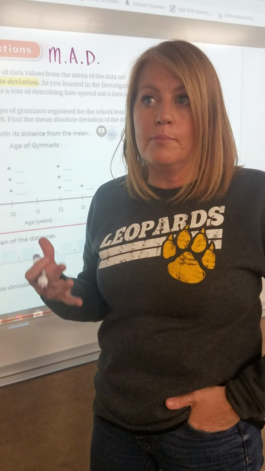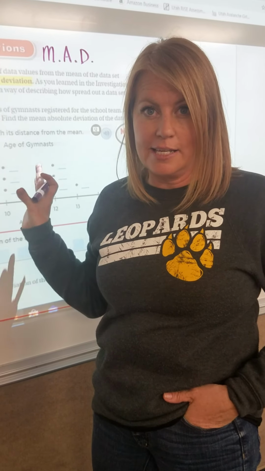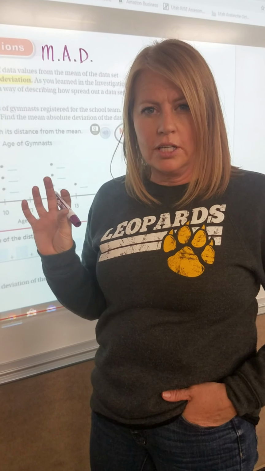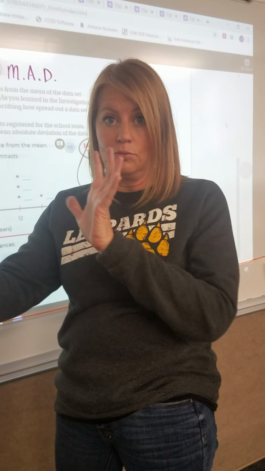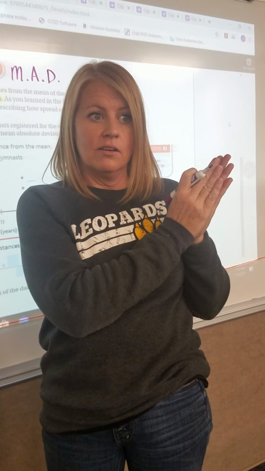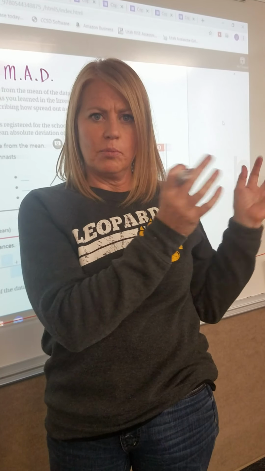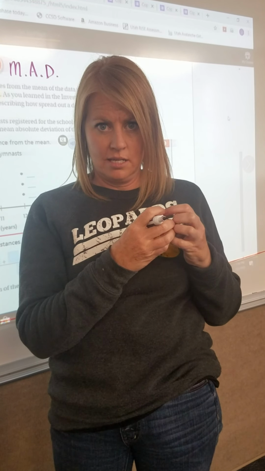Remember in our investigate that we did with Team A and Team B, we were looking at data sets that had really close values, and Team B had values that were really spread apart. The interesting part was they both had the same mean.